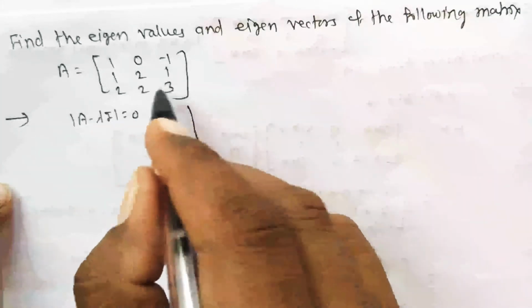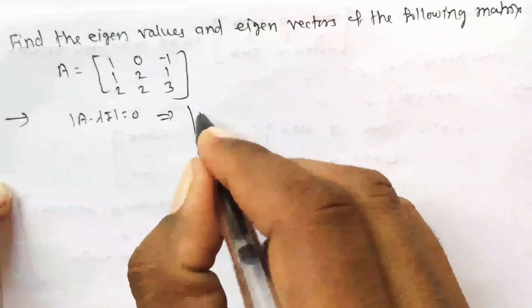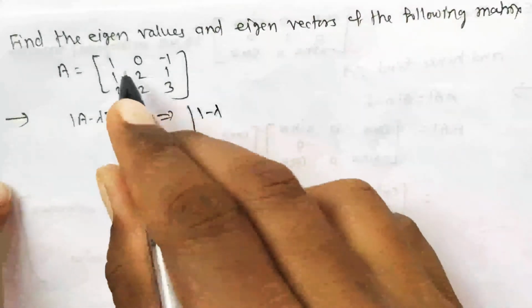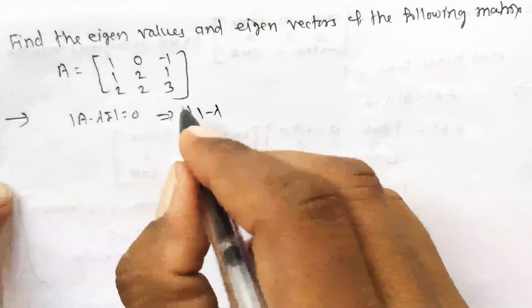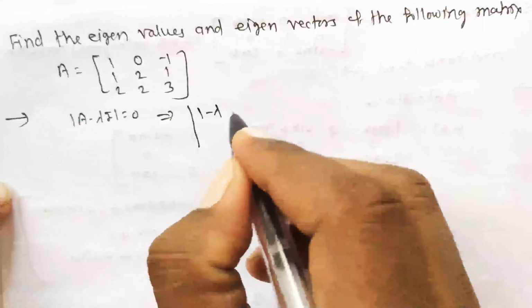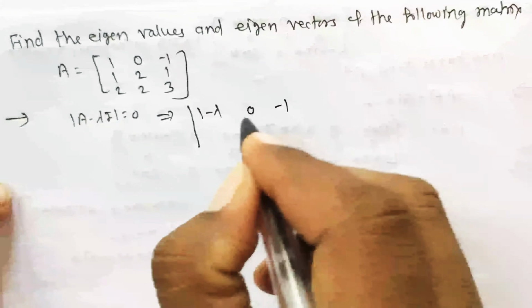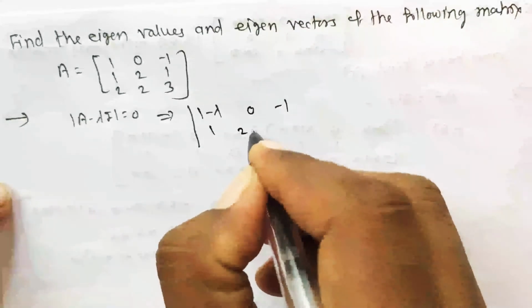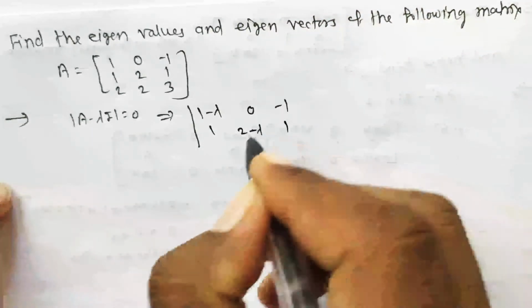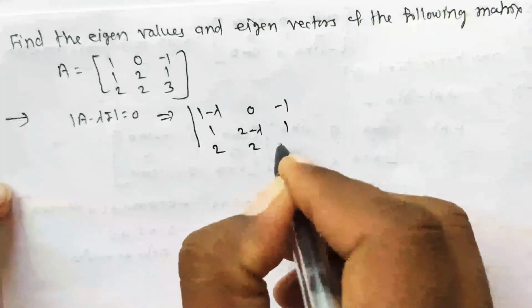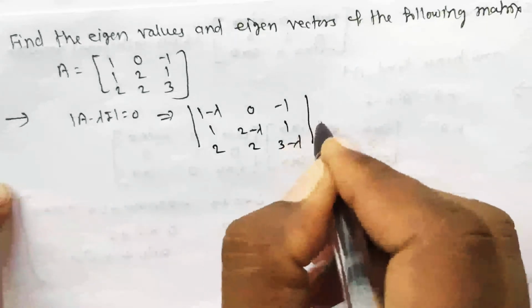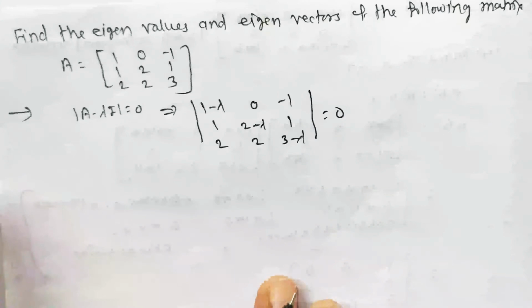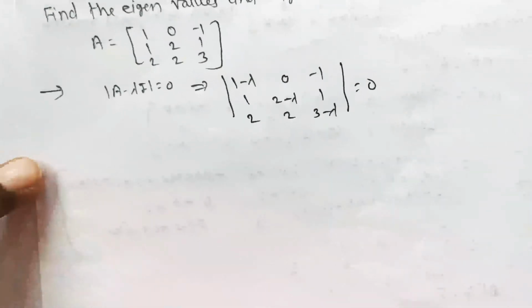If we subtract that matrix from matrix A, the diagonal elements of matrix A get lambda subtracted. So we get 1 minus lambda, 0, minus 1; then 1, 2 minus lambda, 1; then 2, 2, and 3 minus lambda, equal to 0. Okay, so now we have to expand this determinant, and how do we expand this?